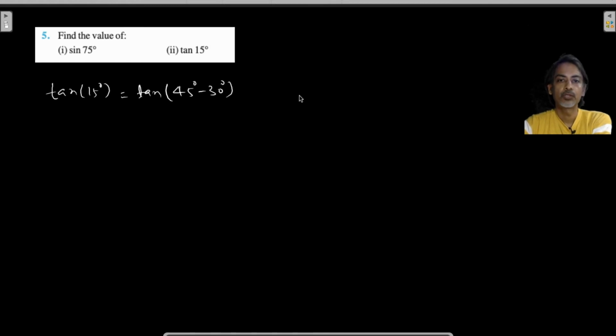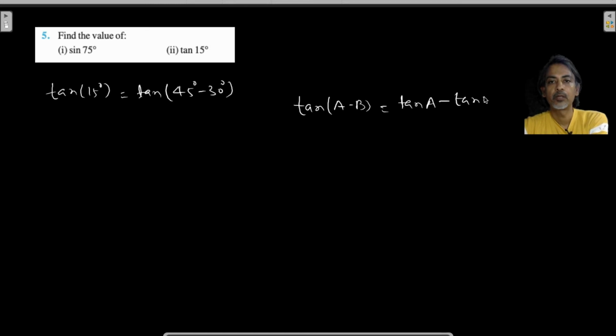And we also know that tan of a minus b is tan a minus tan b divided by 1 minus tan a into tan b. This we have already understood in the chapter.